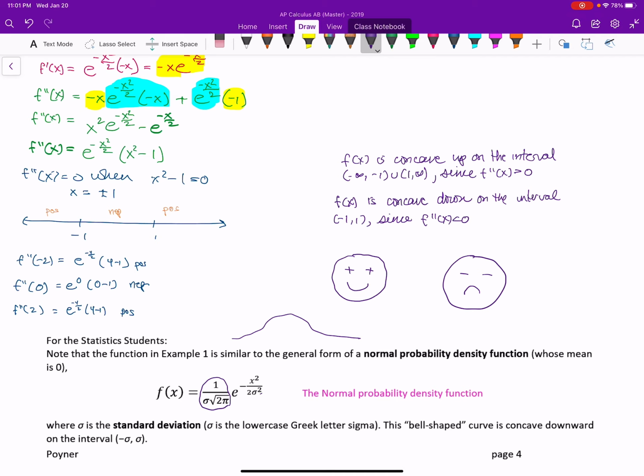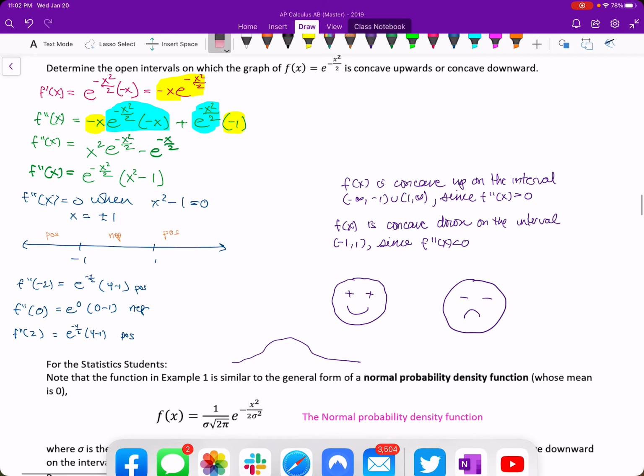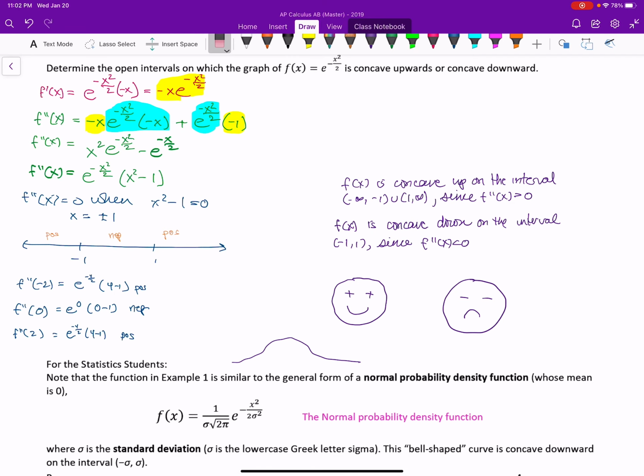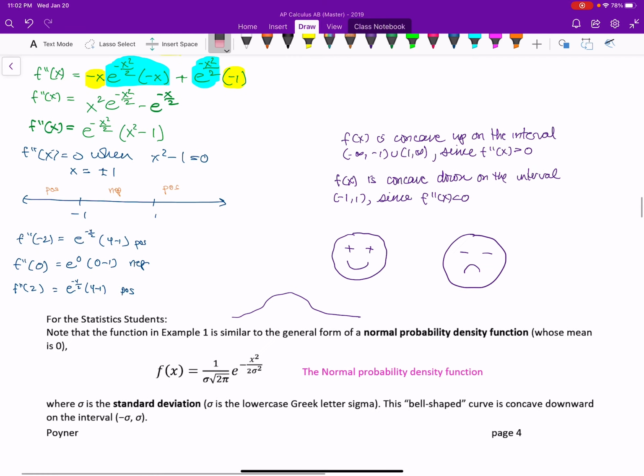The standard deviation is some constant for a particular function, and the whole coefficient there is a constant. It just stretches or shrinks the function, like how big the bell is. And the same here, it's just going to be a slightly different constant, but the basic shape is going to be the same. So this here actually is how you develop the normal probability density function in statistics, just out of interest.